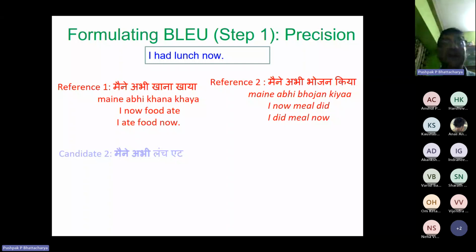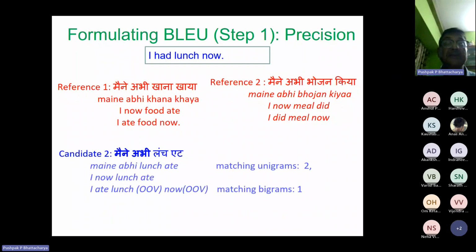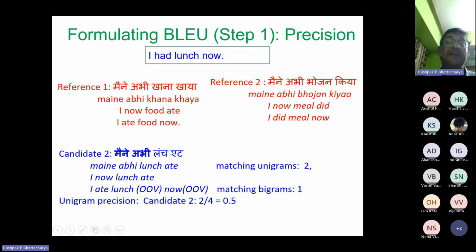Let's take candidate 2, another machine translation output. Another machine has produced an output. This output is not good: मैंने अभी lunch ate. So lunch ate is not translated. Here, what are the unigram precision and bigram precision? We have 2 matching unigrams, मैंने and अभी.